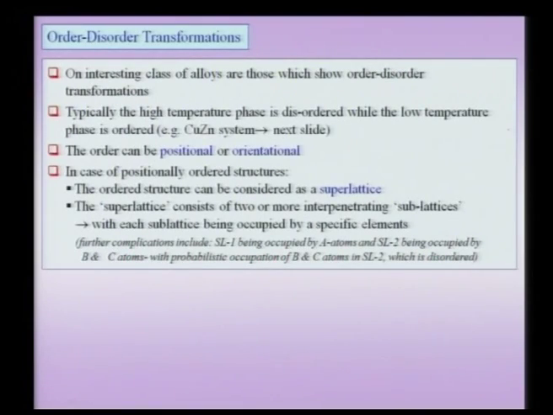Now, I had mentioned that when I am talking about an interstitial solid solution or a substitutional solid solution, I can have two possibilities, the ordered and the disordered structures. We have already dealt with this concept in previous lectures. Disordered structures are described by the language of probabilistic occupation.